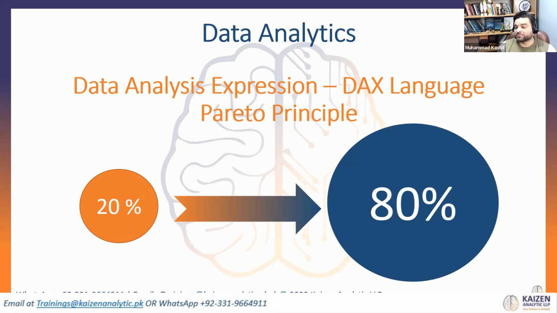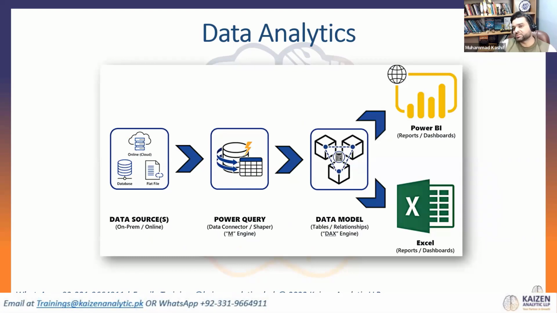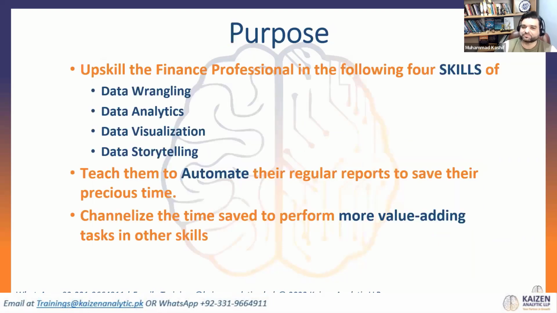So we work on two languages, M language and DAX language. We work on the Power Query element, and we work on data modeling, right? So if you learn these things, you can use them either in Power BI or in Excel, both, right? So this is the dual advantage of learning this course.